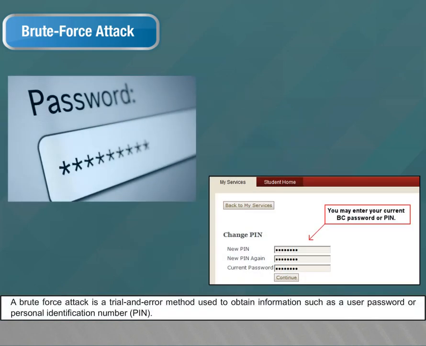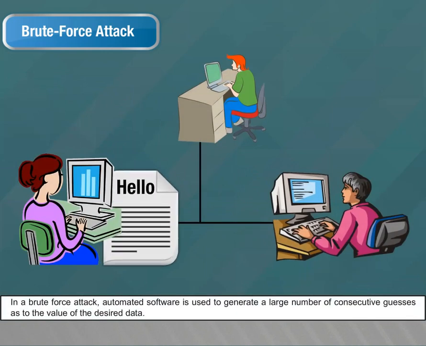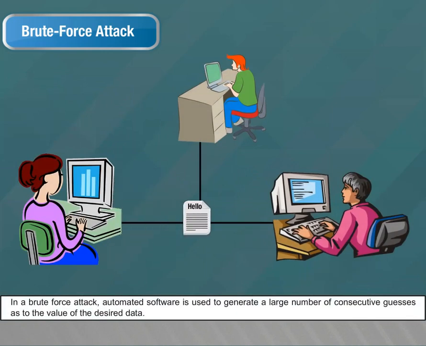A brute force attack is a trial and error method used to obtain information such as a user password or personal identification number, that is, a PIN. In a brute force attack, automated software is used to generate a large number of consecutive guesses as to the value of the desired data.